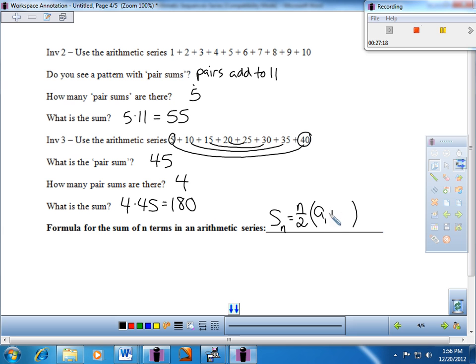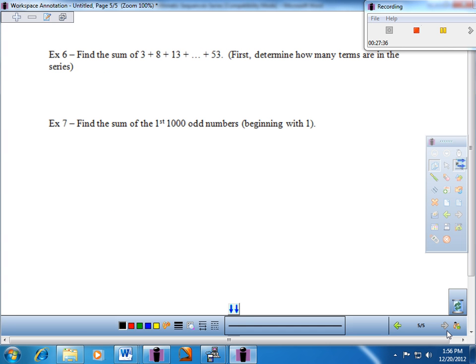And the last term, of course, if I'm talking about n terms, would be a sub n. And there's your pair sum. So add up the first and last and multiply that by n over 2. Perfect.